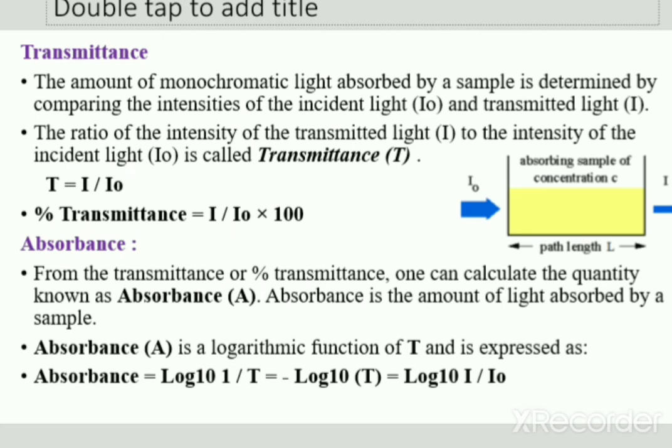And also you can use another simple formula, that is log to the base 10 I upon I0, that means transmitted light upon intensity of how much light is incident. Okay, so this is all about your laws, and another term like molar extinction coefficient is also a very important term.